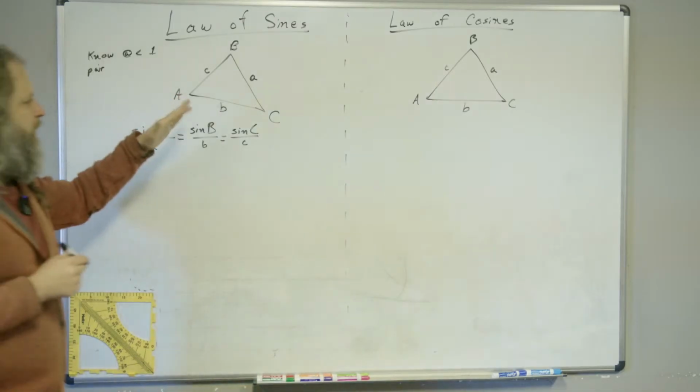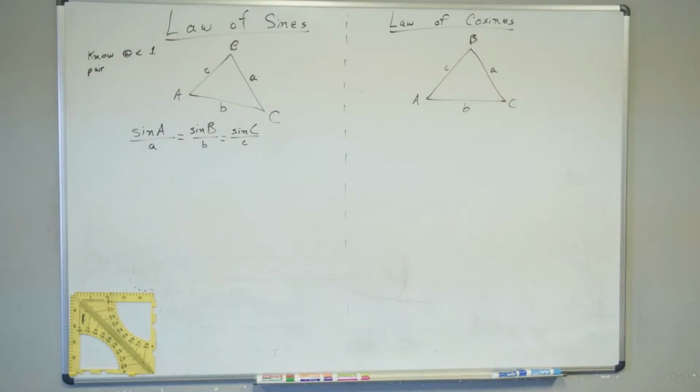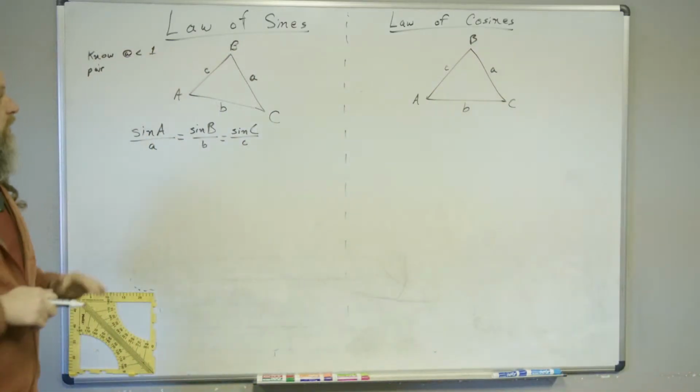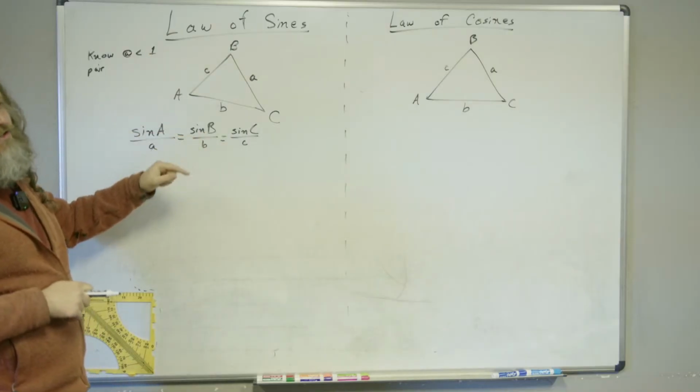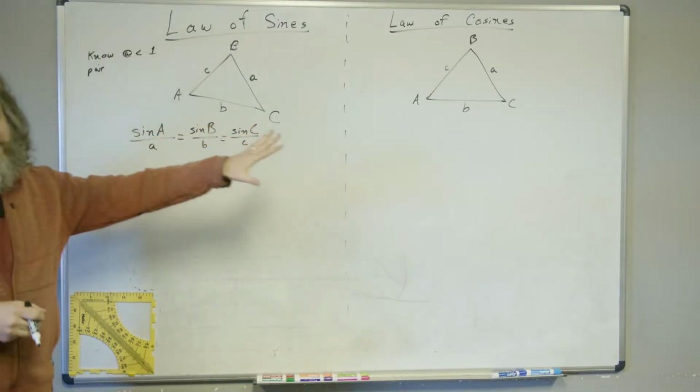If we know any one pair and we know something else, we can find everything else. But if you have at least one pair, you can go for it. But if you knew all of the sides, you couldn't use law of sines. Or all of the angles, you couldn't use law of sines. Law of cosines lets us do that one.